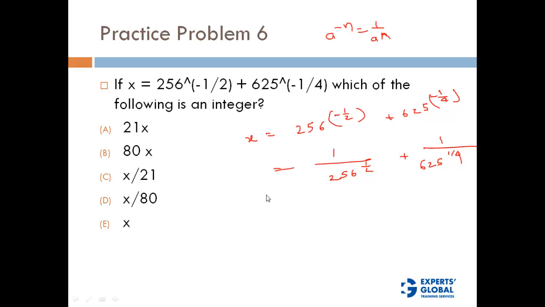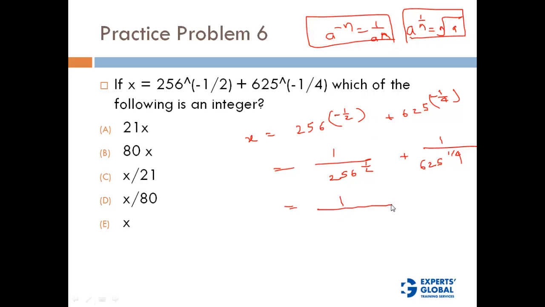Right? Okay, now we'll use another rule. We know that a raised to 1 by n is actually the nth root of a, correct? So 1 by 256 raised to half means 1 by square root of 256, and 1 by 625 raised to 1/4 is 1 by fourth root of 625, correct? So what do we get?